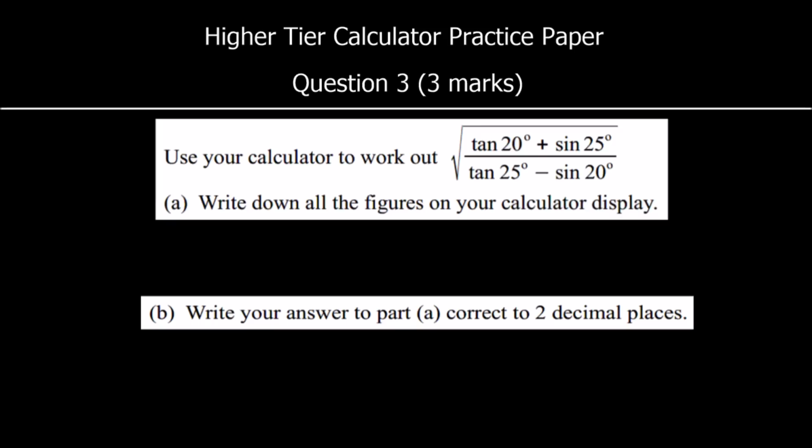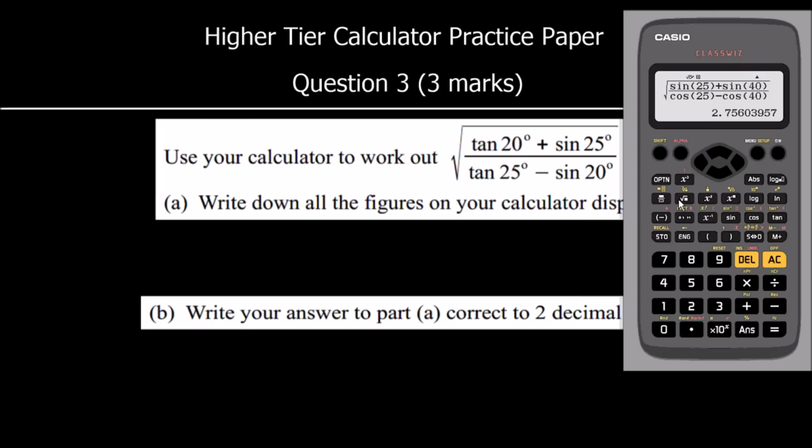Okay, one for you to try. Give this a go. So use your calculator to work out the square root of tan 20 plus sine 25 all over tan 25 minus sine 20. So square root, fraction, tan 20, close the bracket, plus sine 25, close the bracket, over tan 25, and close the bracket, minus sine 20.